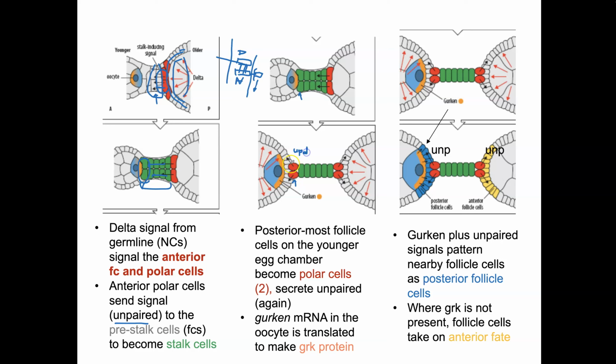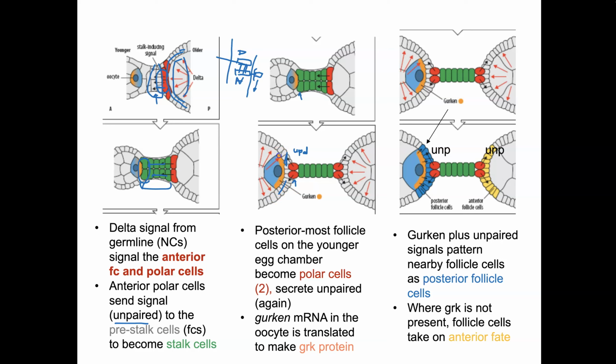And that's a signal being secreted to the cells in this region, and they are going to respond. I'm going to show you Unpaired as part of the JAK-STAT signaling family, and I'll show you the details of that in a minute.